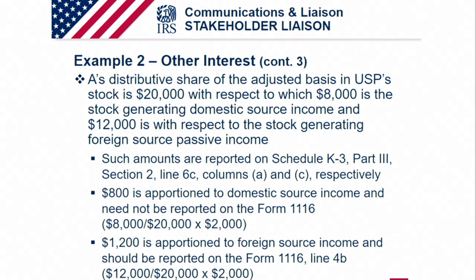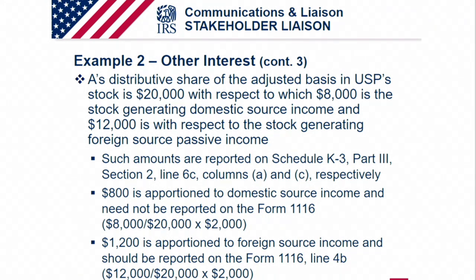And the way that this 800 was derived was by taking the total adjusted basis in USP stock of 20,000 as the denominator, and the portion that is generating domestic source income, 8,000 of that 20,000, is multiplied by the 2,000 of interest expense. The same rule applies for purposes of determining the foreign source portion of that 2,000 interest expense.